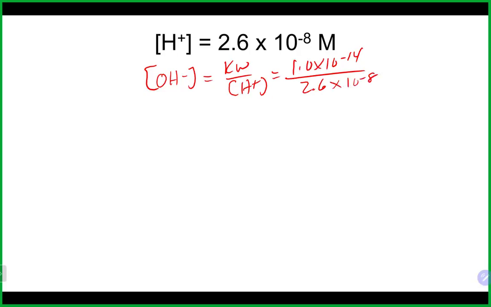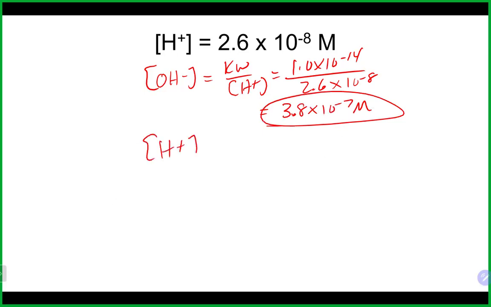And again, we want to make sure we use our exponent button. 1 exponent negative 14 divided by 2.6 exponent button negative 8. Going to give us a 3.8 times 10 to the minus 7 molar. In this case, the H plus is greater than, equal to, or smaller than the OH minus concentration.